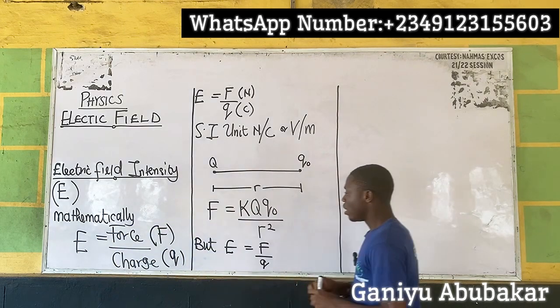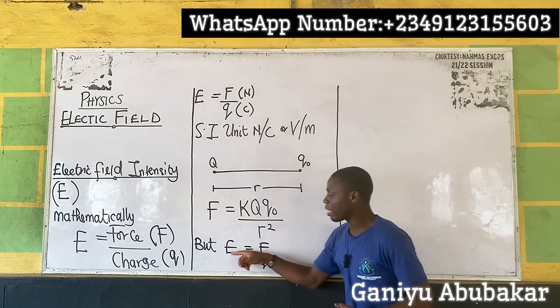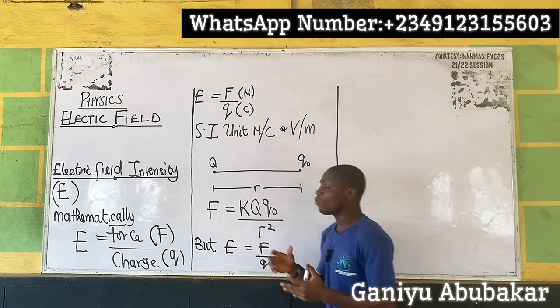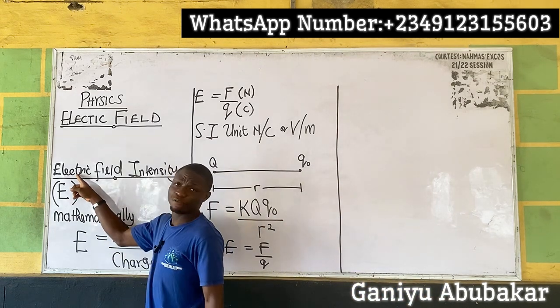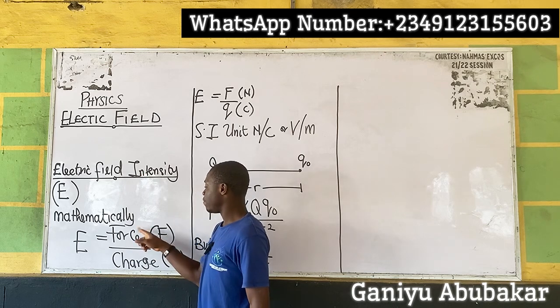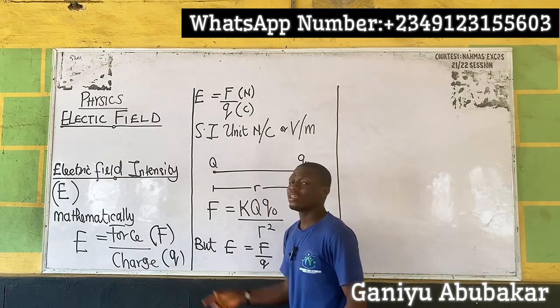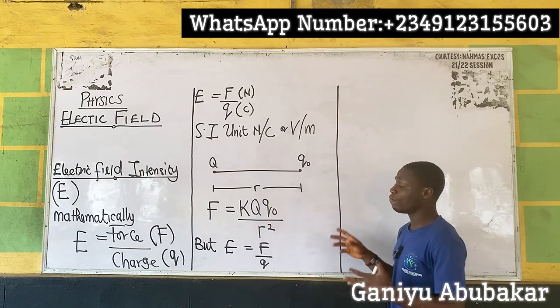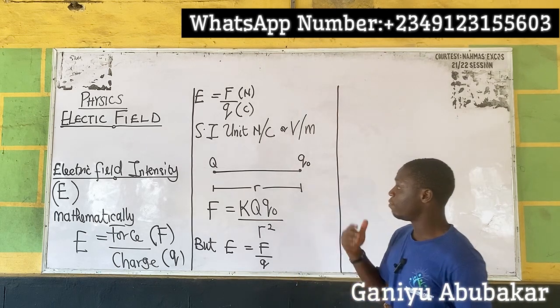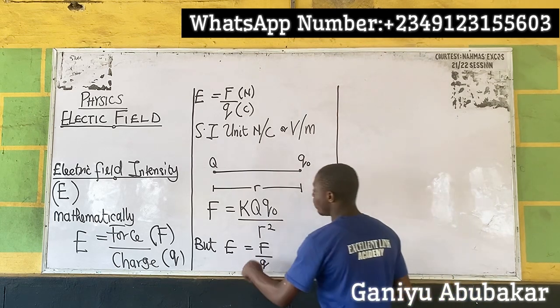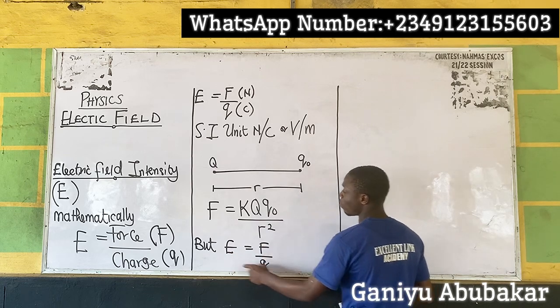Our focus is to get more formulas for calculating electric field intensity. The first one is force over Q. We're about to derive the second formula that can be used to solve electric field intensity. So you said E equals F over Q from here.